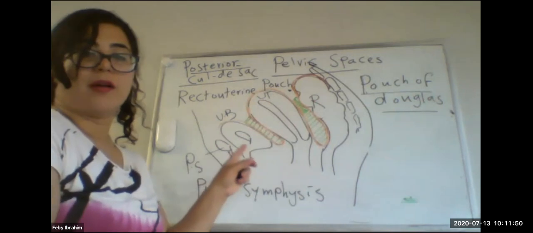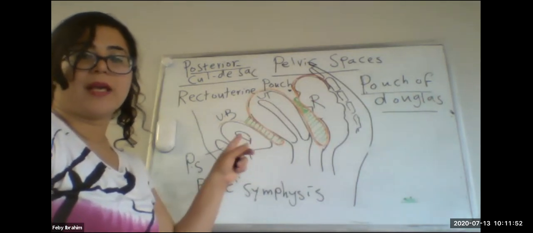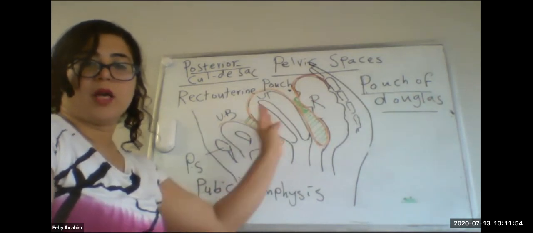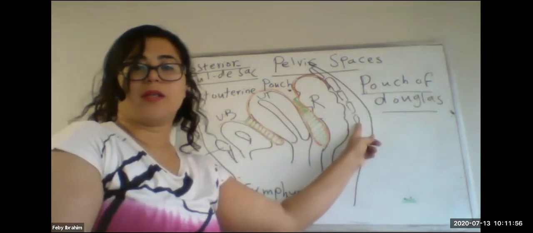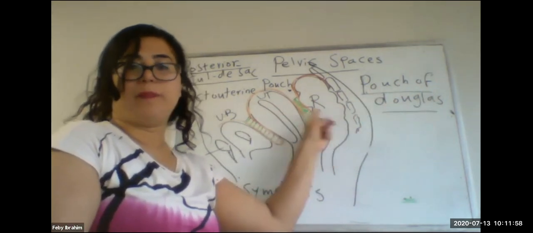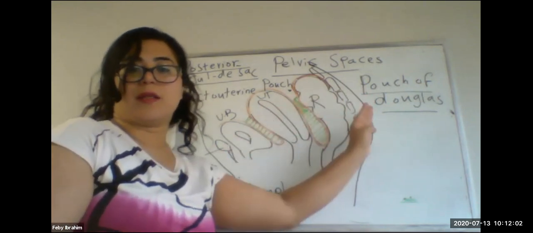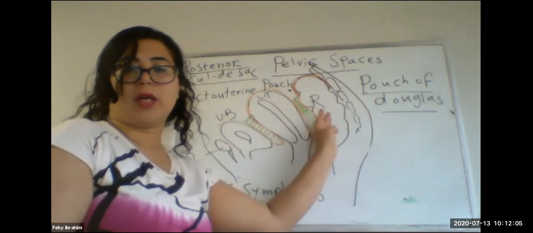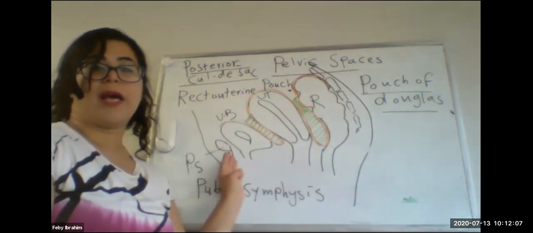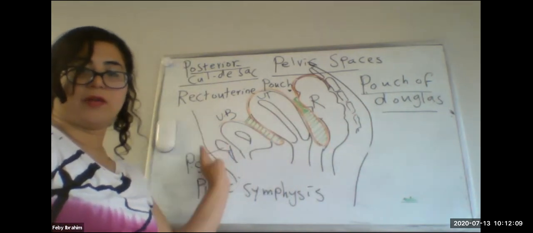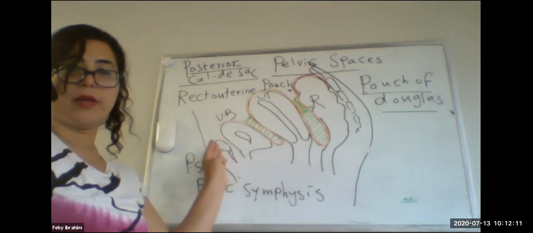We have another space called the anterior cul-de-sac. Look here, this is the posterior. Do you see this is the spine, rectum, uterus? So this is from posterior to anterior. This is spine, rectum, uterus, bladder, and the pubic symphysis. This is the anterior abdominal pelvic wall area.